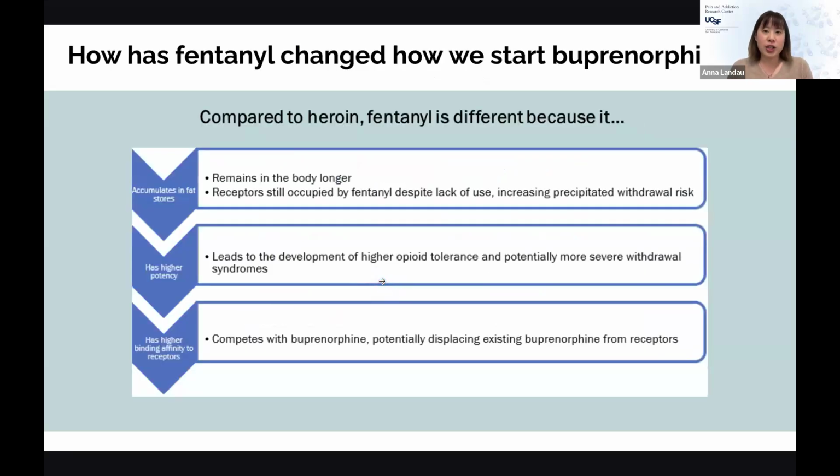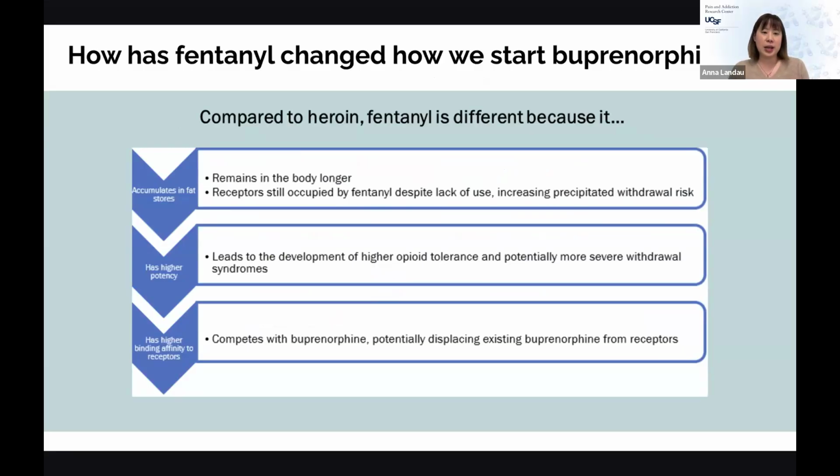So how has fentanyl changed how we start buprenorphine? As Damian mentioned, heroin and fentanyl are completely different because fentanyl remains in the body longer. Receptors are still occupied by fentanyl despite ongoing lack of use, and therefore patients who have not used in a while may still experience precipitated withdrawal after starting buprenorphine.